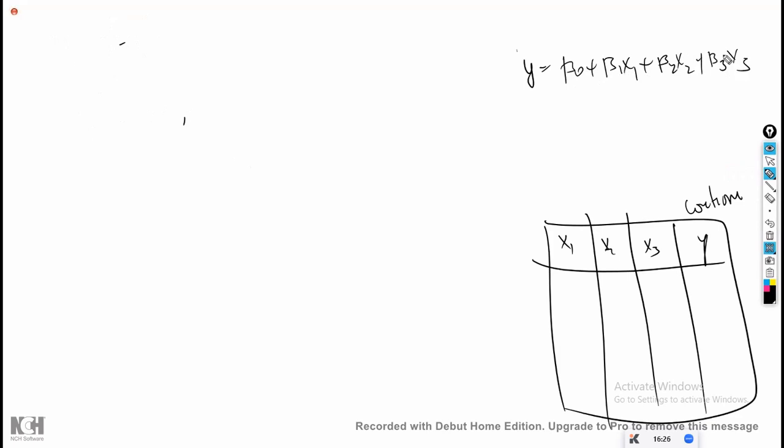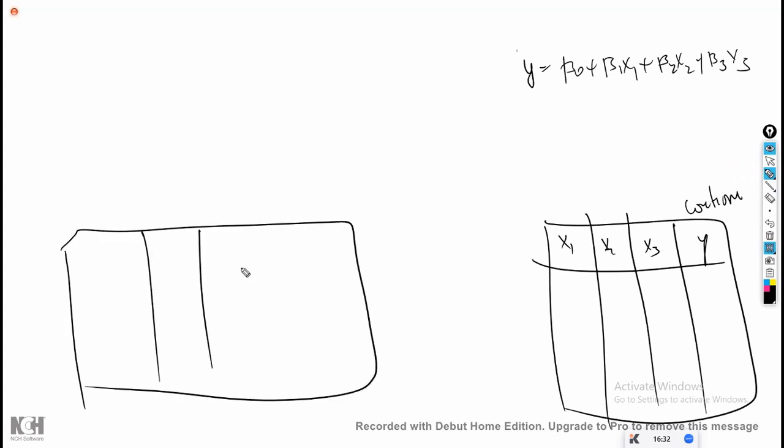Now the same example, you have x1, x2, x3 and y, but this time the y is discrete.